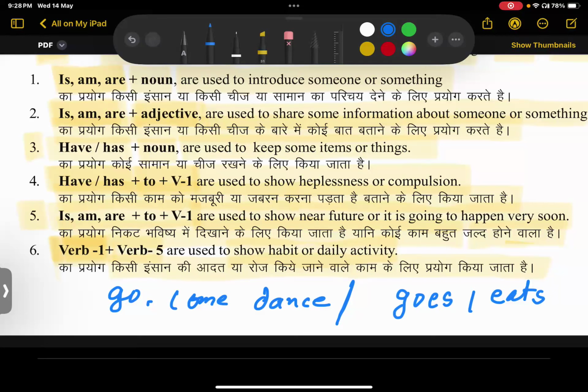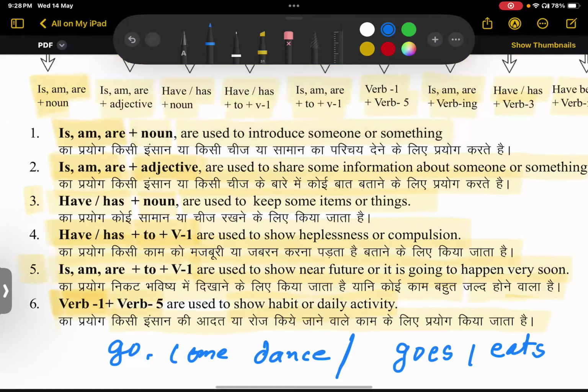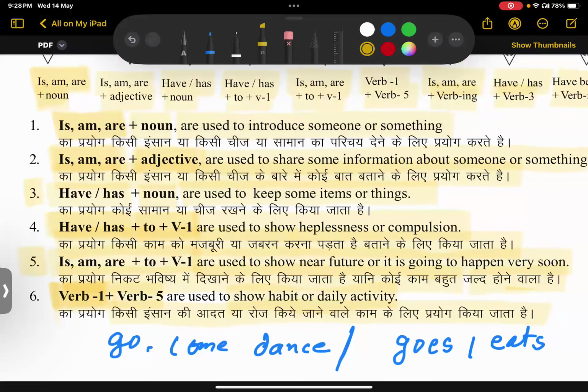I do it generally. Well, I hope you understand very well in what situation we use verb in first form and in fifth form. Actually, I have taught this structure before. Today, it was a revision so that you may have great practice.